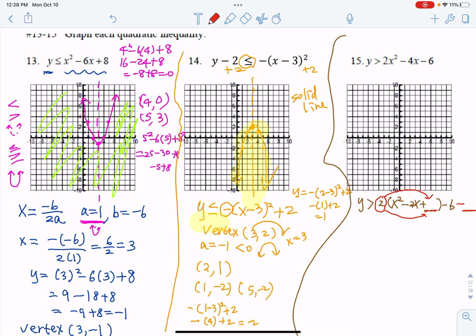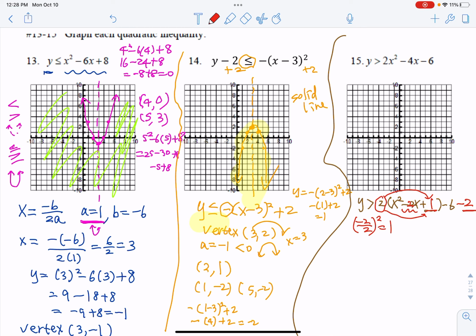So first we're going to decide what we have to add inside the parentheses. Half of the x term, which is negative 2, divided by 2, squared makes 1, right? So I will add 1 there. And then the leading coefficient is 2, so 2 times 1 becomes 2, you have to subtract 2.